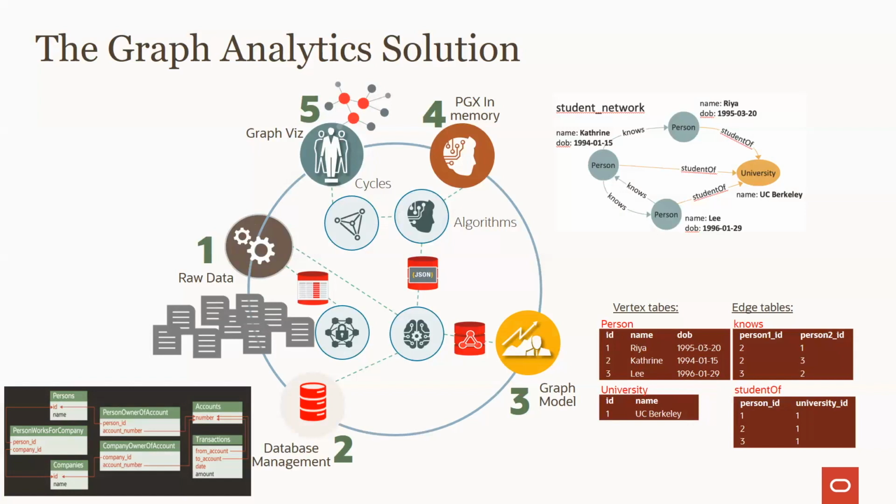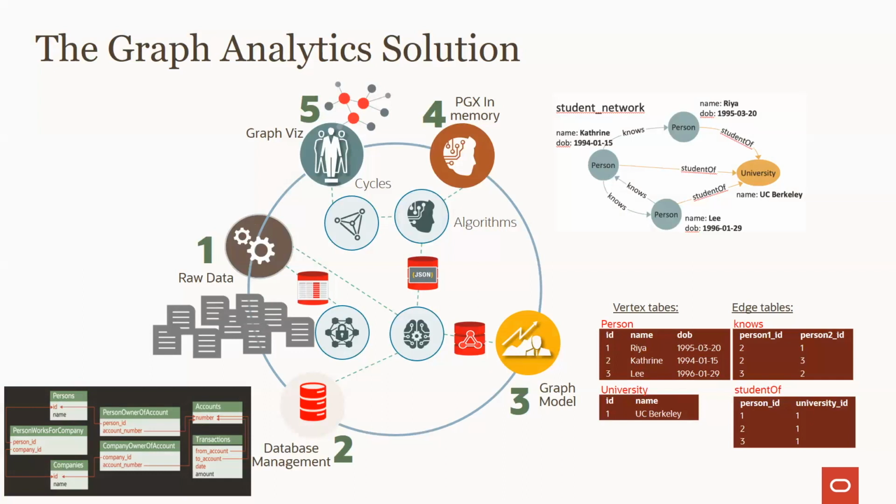Once you have the graph model built, we have the built-in capability to load that massive volume of data into in-memory so that we can either execute algorithms or query the patterns or insights from the data that resides in the in-memory.